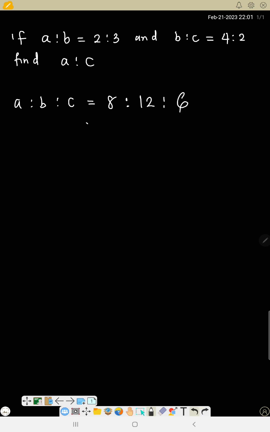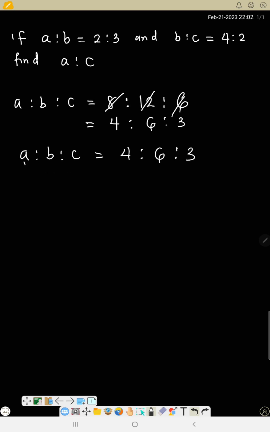So if the same number can go in all, you are free to reduce. 2 here, 4 ratio 2 here, 6 ratio 2 here, 3. So that means A ratio B ratio C is equals to 4 ratio 6 ratio 3.